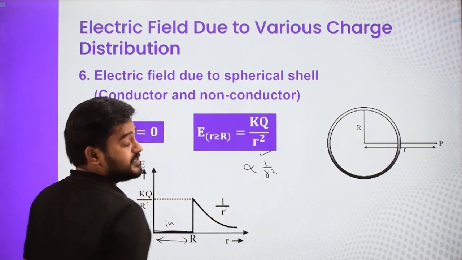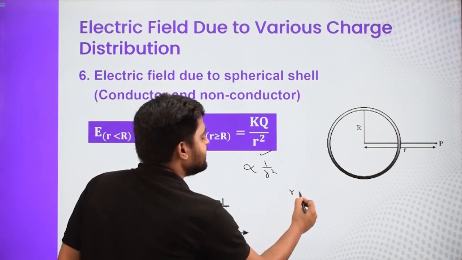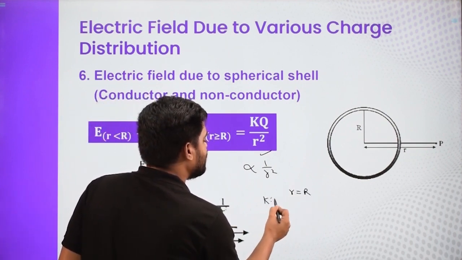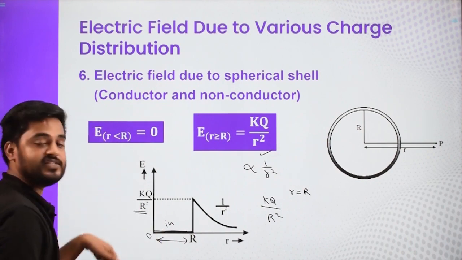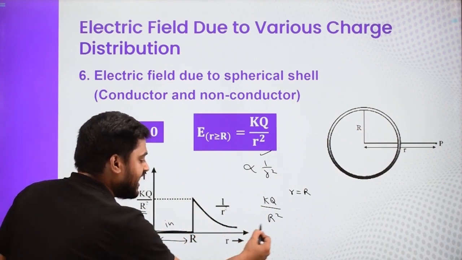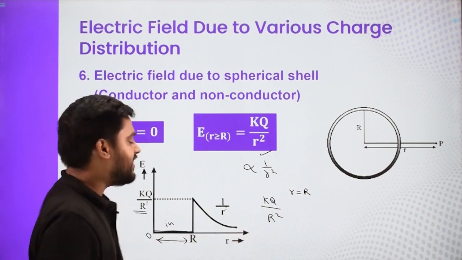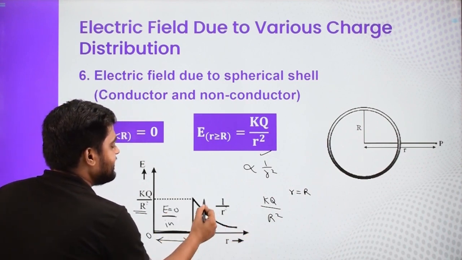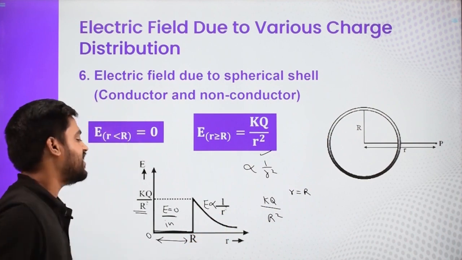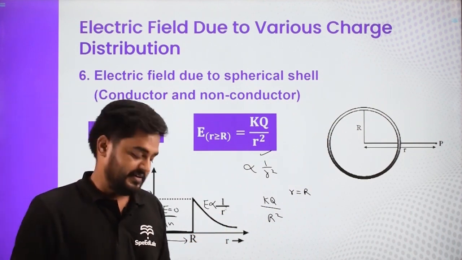And at the surface boundary, put r equal to capital R, so it is KQ by R square. So it suddenly becomes KQ by R square, and then it gradually goes down towards 0, proportional to 1 by r square. So here E is 0 and here E is proportional to 1 by r square. So the graph looks something like that.